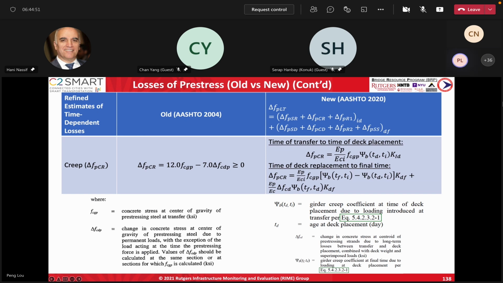For the new code, we still separate them into two time periods: from transfer to deck placement, and deck placement to the final time.